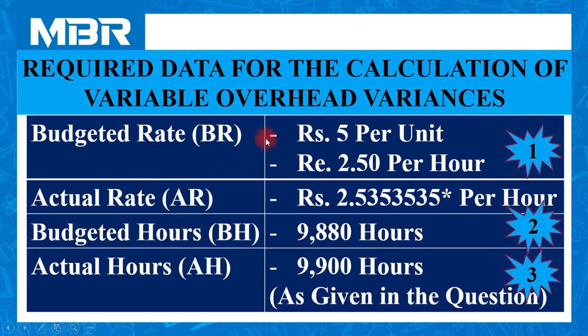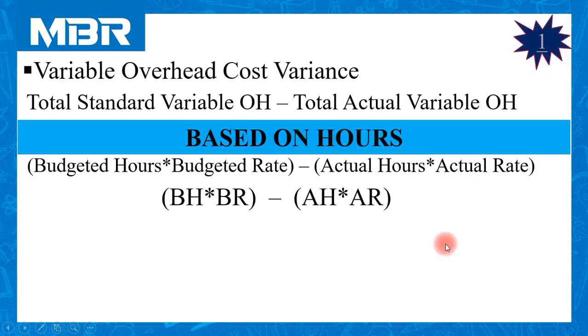Check our calculation. Budgeted hours 9,880. Budgeted rate we need to apply is the per hour rate 2.5. Actual hours 9,900 and actual rate is given as 2.5353 in recurring number.